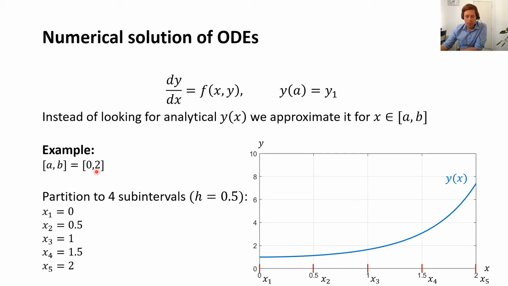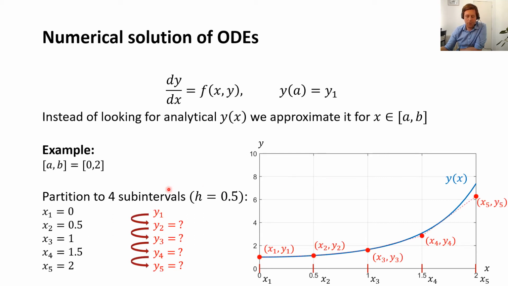Well, then what we do, similar to what we did in numerical integration, is we partition the total horizon from 0 to 2 into subintervals, where here I will make 4 subintervals. And this results in 5 points where we will try to evaluate this function y of x.